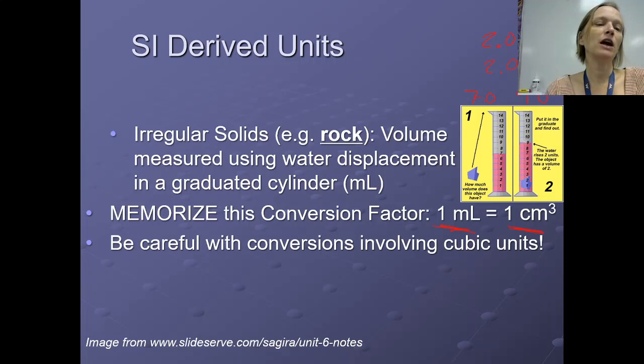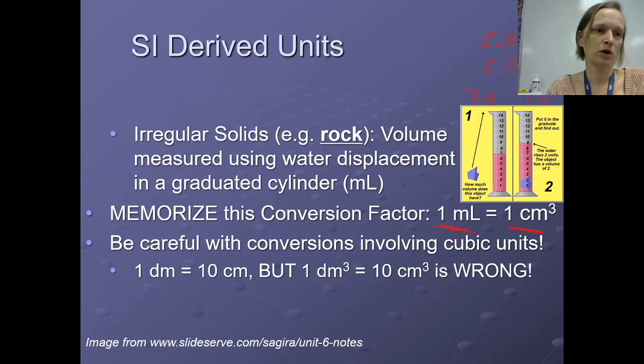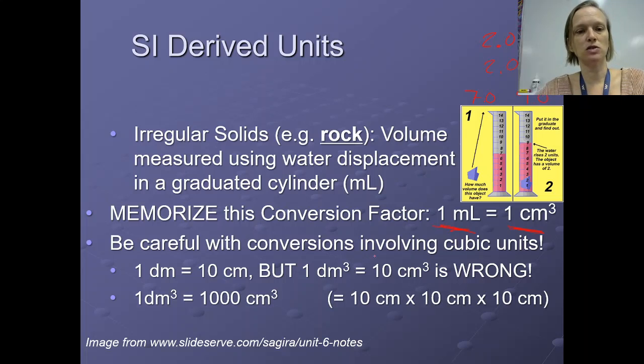You do have to be careful with conversions involving cubic units. Okay? 1 decimeter is the same as 10 centimeters, but 1 cubic decimeter is not the same as 10 cubic centimeters. This is wrong. Don't think this. Put a big X through it.